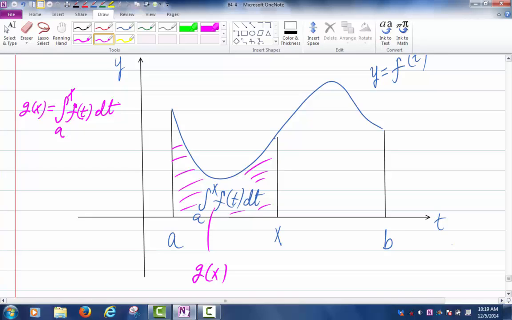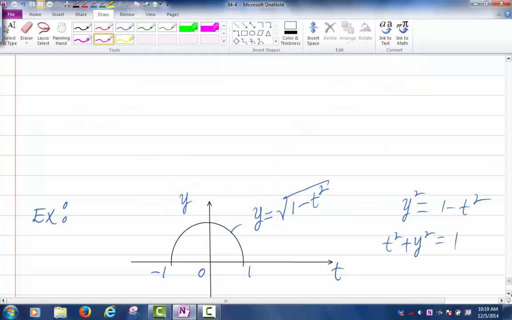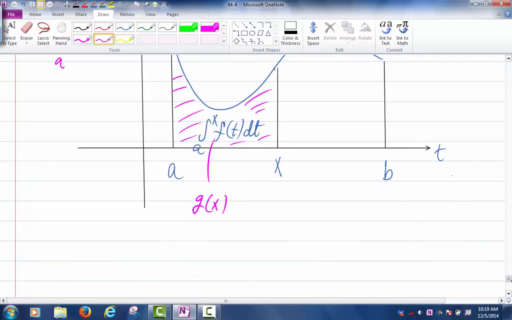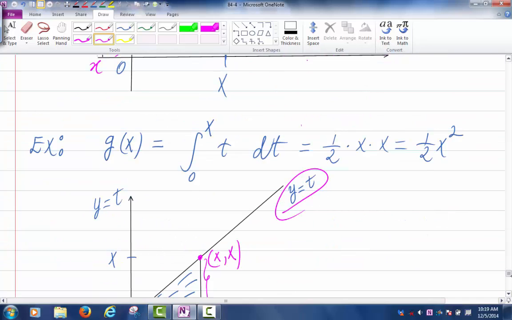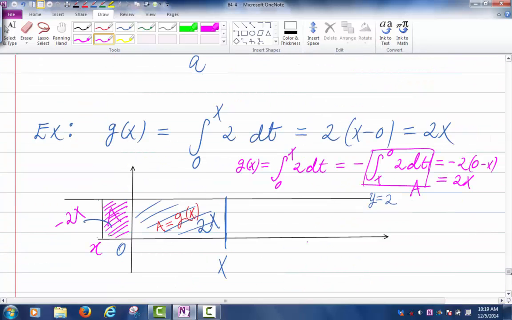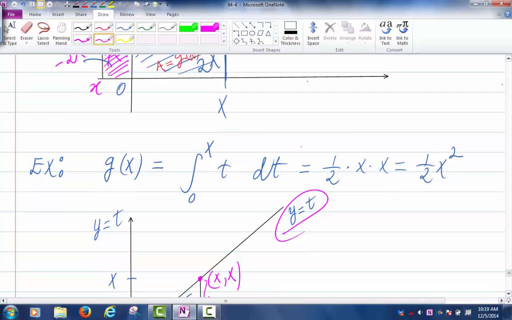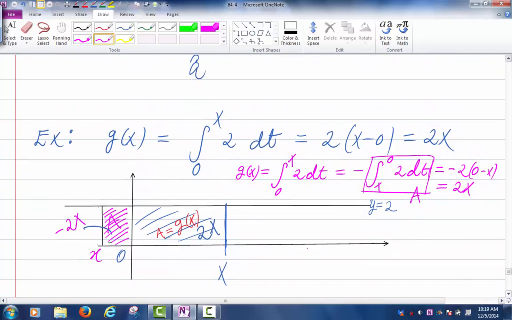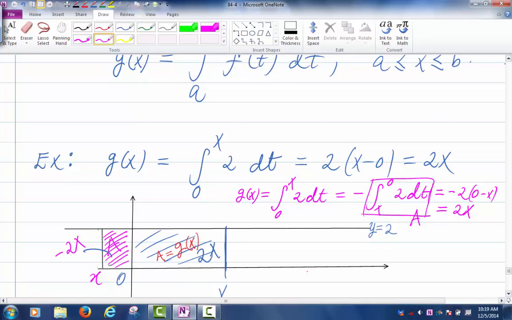But again, f doesn't have to be non-negative for me to define g of x, right? For example, when we looked at the integral of 2, if I change my integrand to -2, how does it change my result? Well, the function would be exactly -2x instead of positive 2x, right?